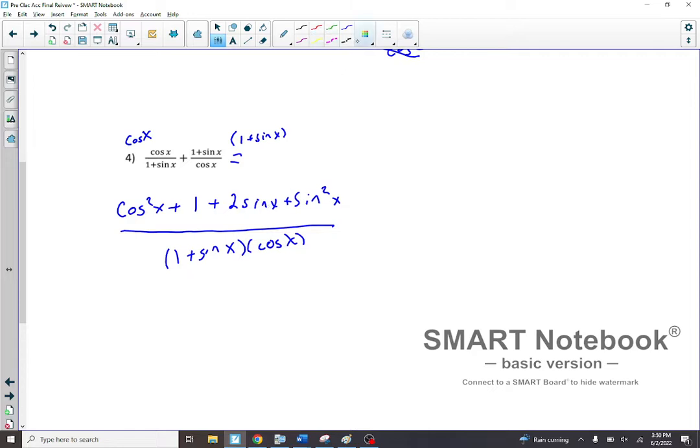All right, with that in mind, this cosine squared and sine squared could be combined together to become 1. So this will add up to just a 1. And then let me condense some terms. So I'm going to have 2 plus 2 sine x over 1 plus sine x times cosine x.